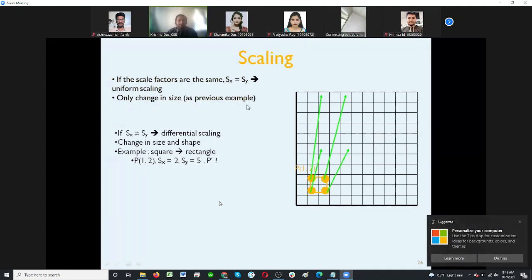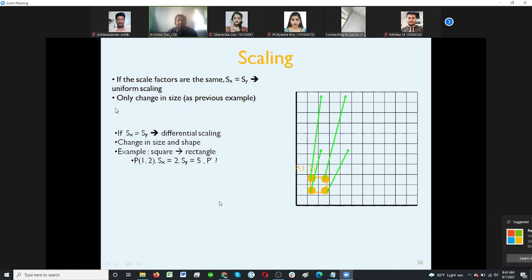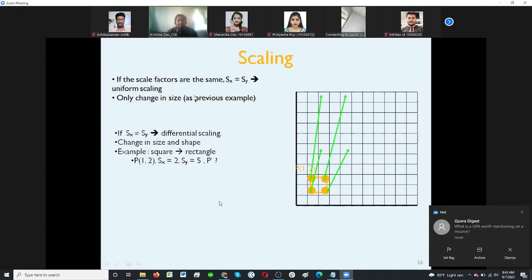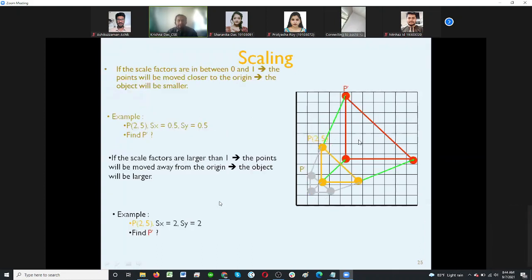If the values in the scaling factor are the same, it is uniform scaling. Uniform scaling only changes the size, not the shape. The size can be larger, as in magnification, or smaller, when you have reduction, but there is no change in the shape.